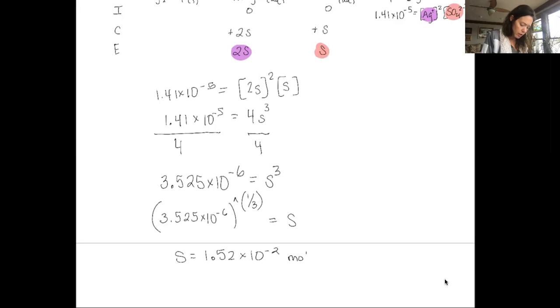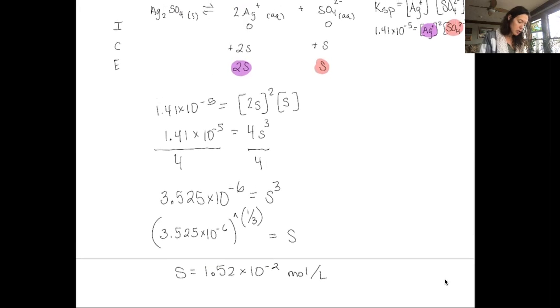So look at the molar solubility in relation to Ksp and in relation to the other salts' Ksps. We actually have a pretty high molar solubility. Now, that's S. That is the molar solubility.